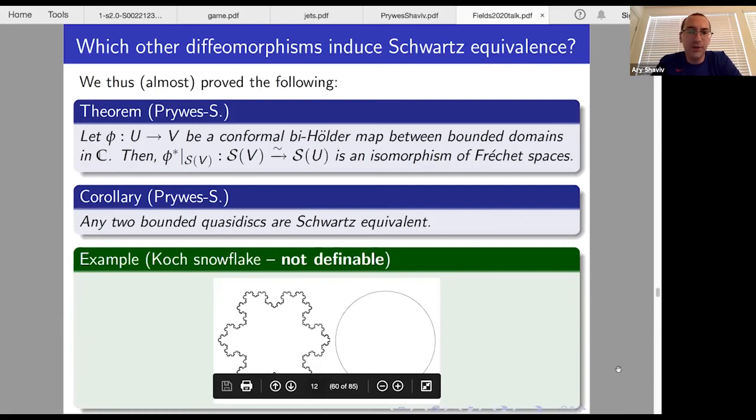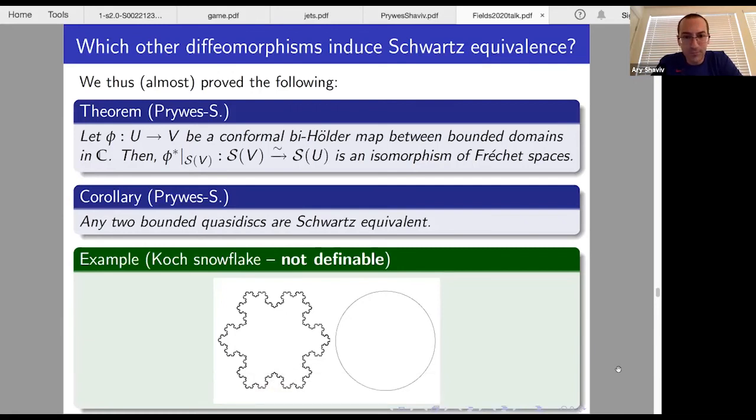The bounded component will be a quasi-disk, a bounded quasi-disk. So in particular, we proved that the interior of the Koch snowflake is Schwartz equivalent to the unit disk, because the unit disk is also a quasi-disk. And this example is interesting, first because it's nice, and second because this snowflake is not definable in any o-minimal structure, not to mention polynomially bounded. So this is a nice example.